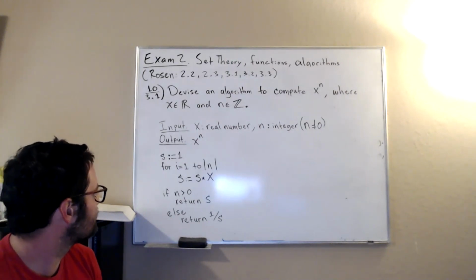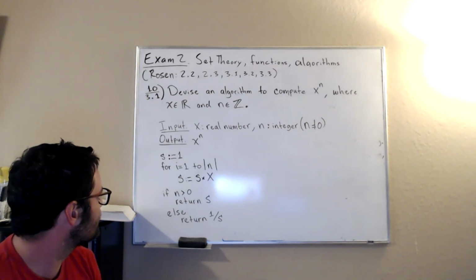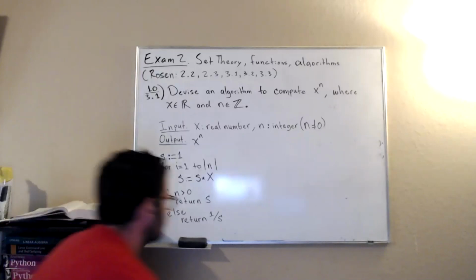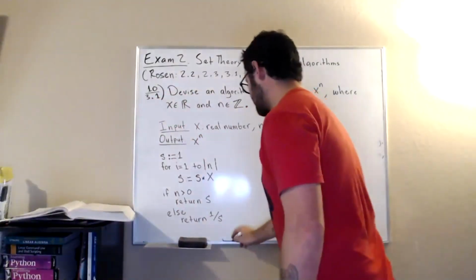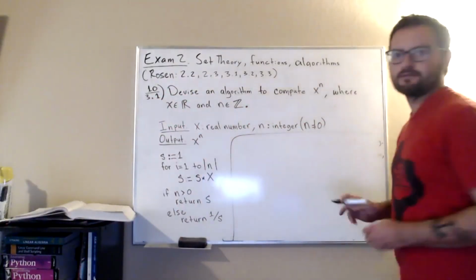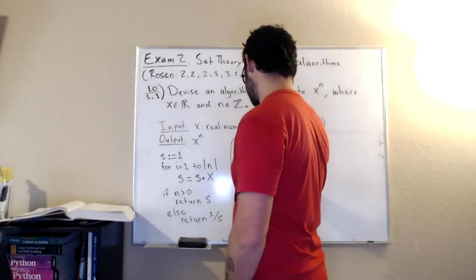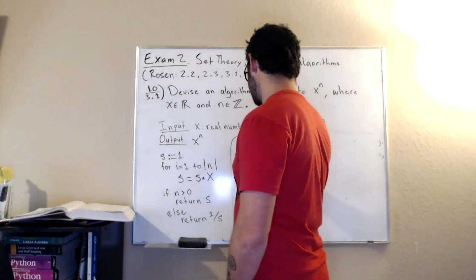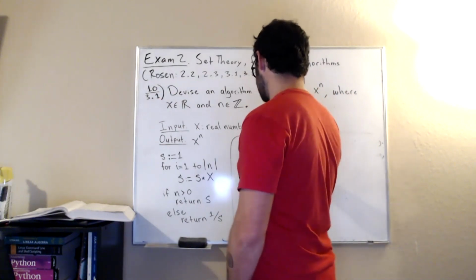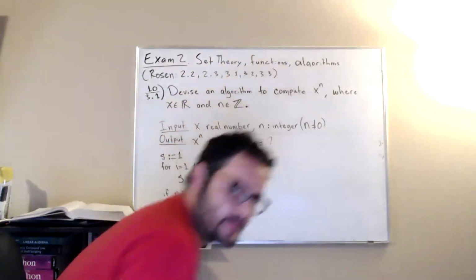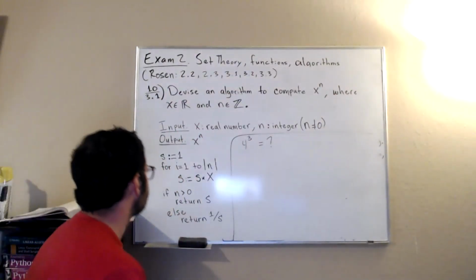Someone have a comment? Yes, just a quick question. Where it says s equals s times x, what does the x stand for? It's a real number. Suppose we wanted to actually run this algorithm, and we want to know what 4 cubed is. Suppose you wanted to write an algorithm to do that. This should work, right?